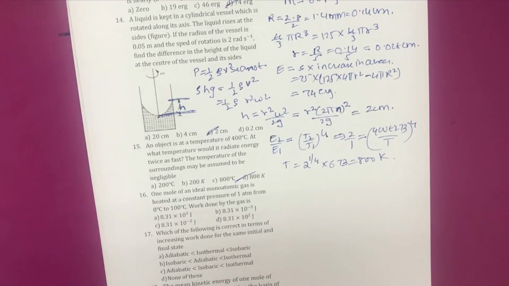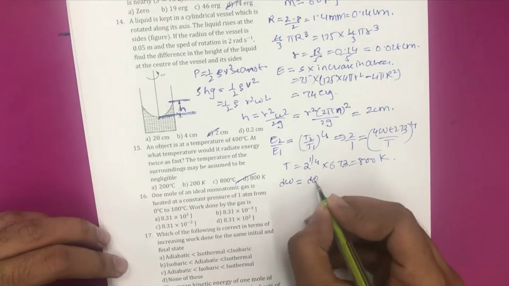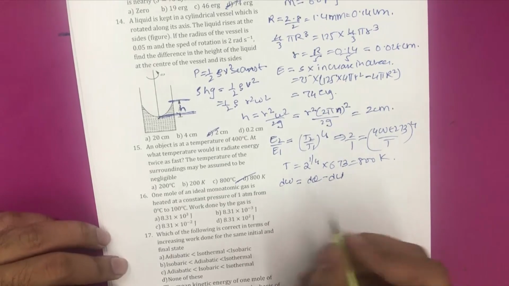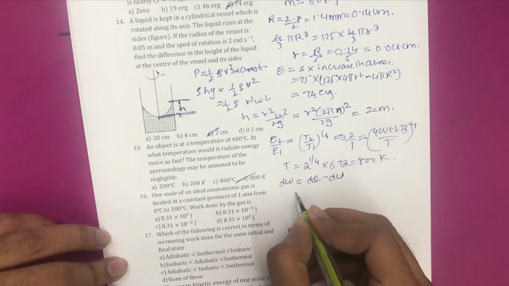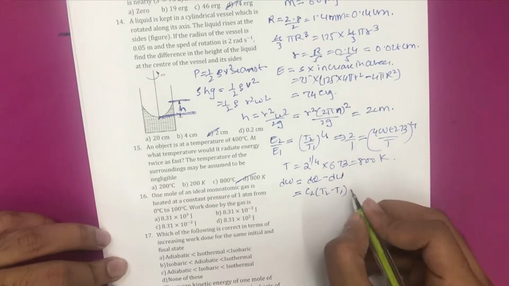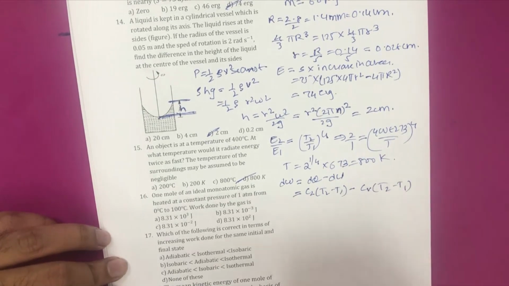Question 16. 1 mole of an ideal monoatomic gas is heated at a constant pressure of 1 atmosphere from 0 degrees Celsius to 800 degrees Celsius. Work done by the gas is: dW equals dQ minus dU, that is heat minus the internal energy, which will be equal to Cp (T2 minus T1) minus Cv (T2 minus T1).